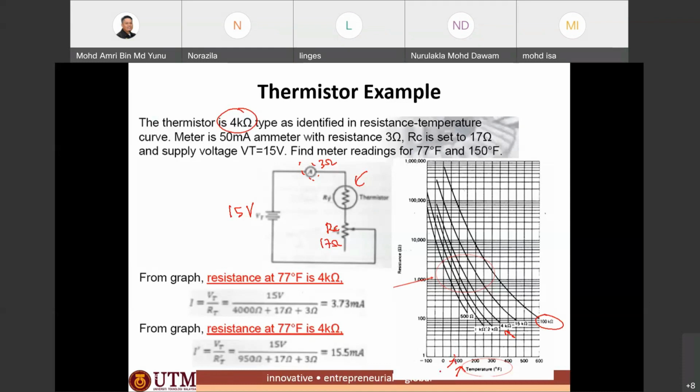We go up to the intersection with the 4 kilo ohm curve and look at the value.